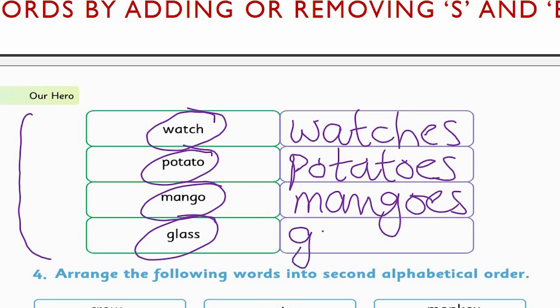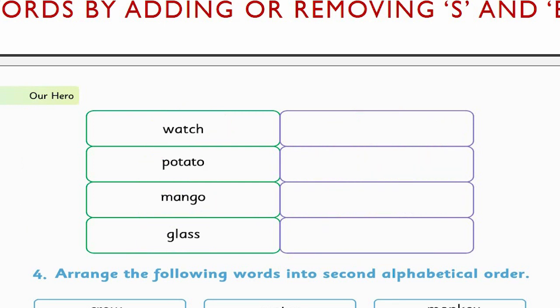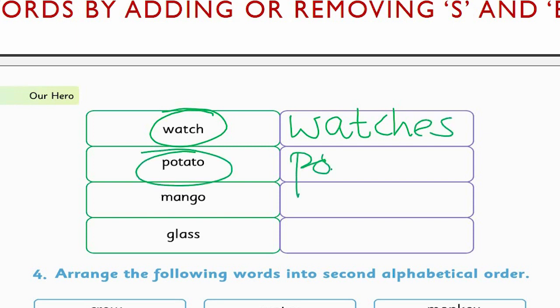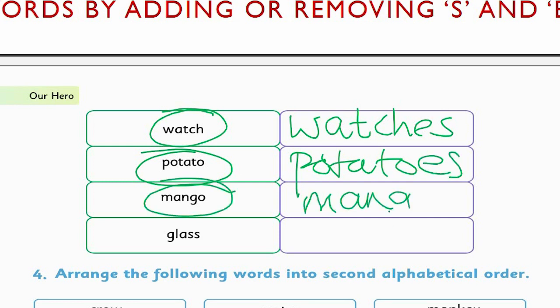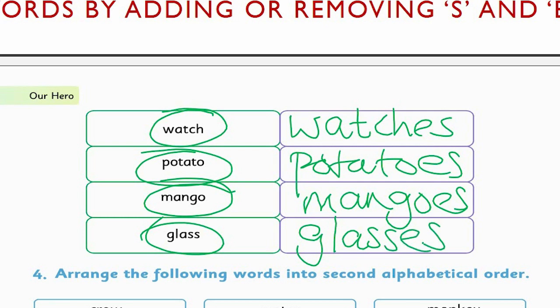Glass, glasses. If you like, you can pause the video and complete the task. I'll do it again. Watch, watches. Potato, potatoes. Mango, mangoes. Glass, glasses.